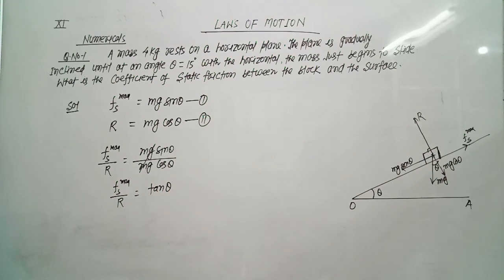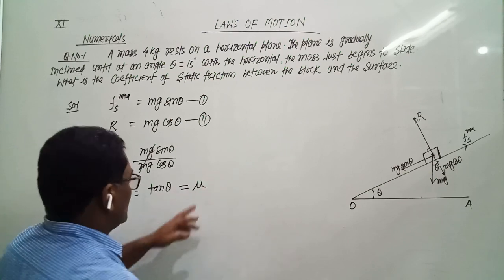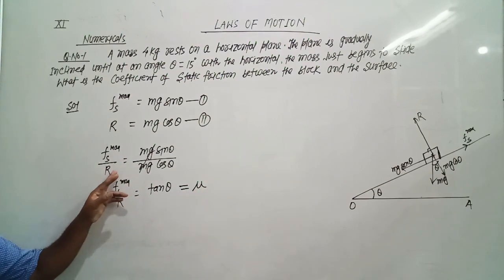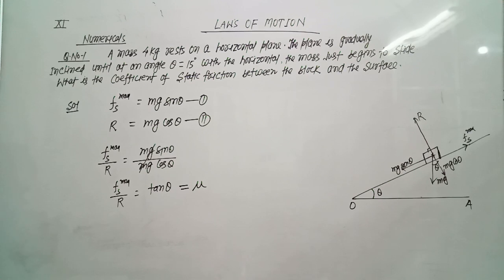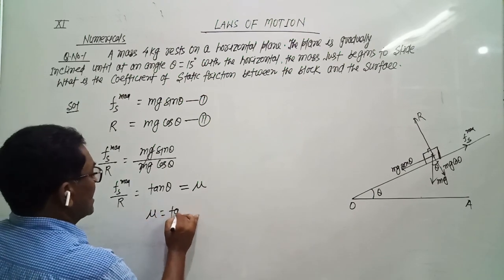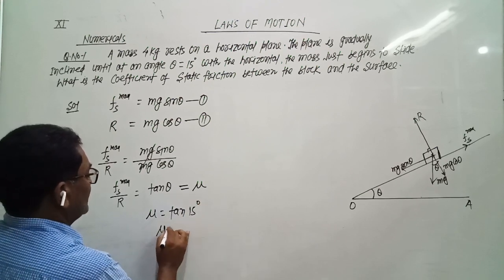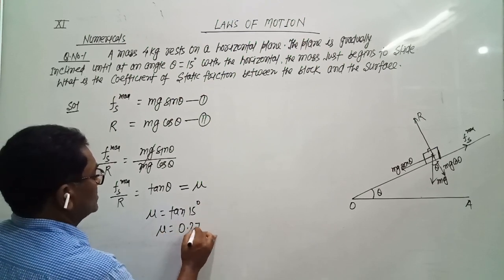And we know the coefficient of friction mu equals Fs upon R, the ratio of the frictional force to the normal force. So mu equals tan theta, and theta is given as 15 degrees, and tan 15 degrees is 0.27.